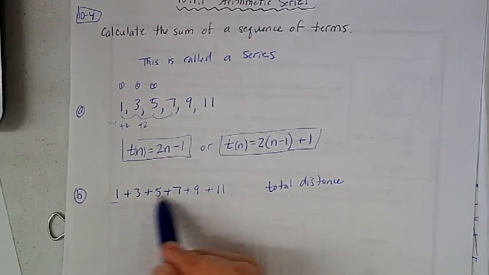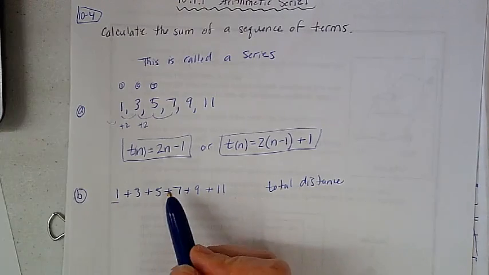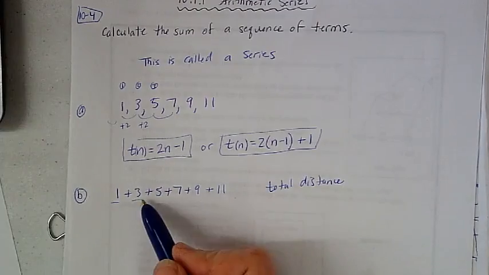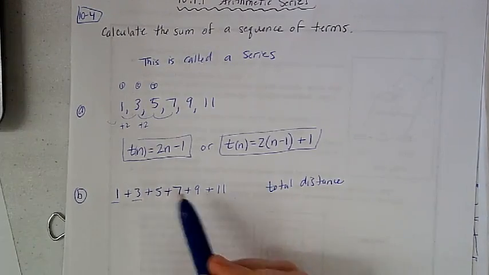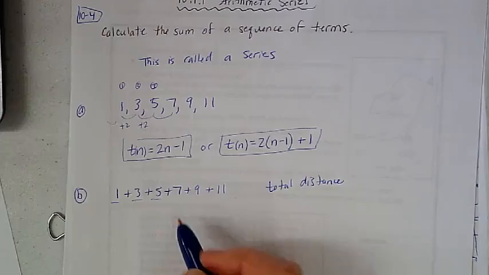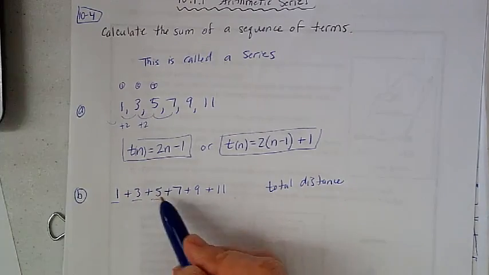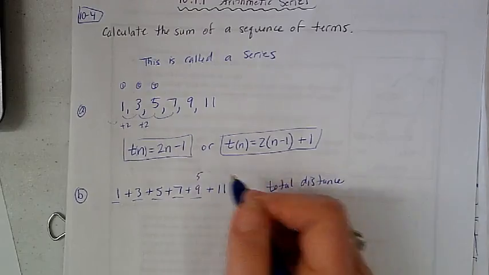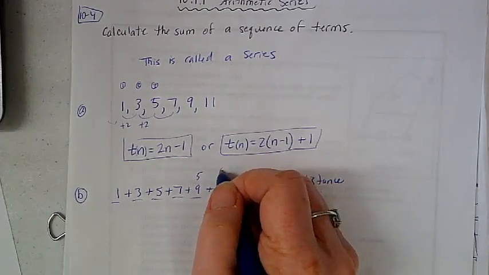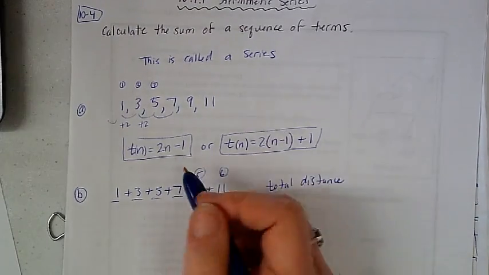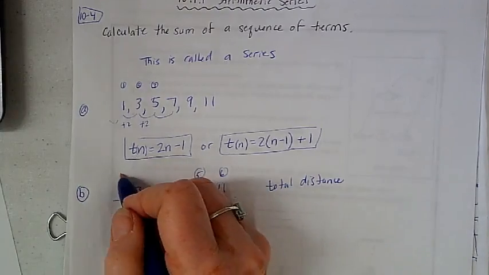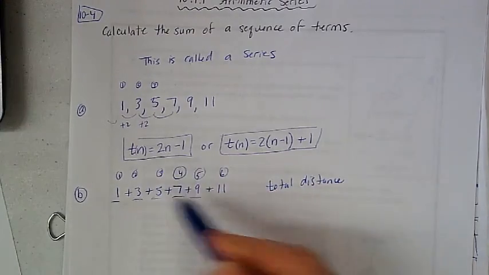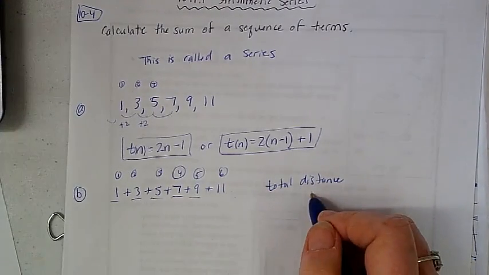I mean, she is gaining speed, but she went 1 meter, and then the second she went 3 meters, and then 5 meters. The 4th second she went 7 meters. The 5th second she went 9 meters, and the 6th second she went 11 meters. So if you add them all up, it's the total distance in meters.